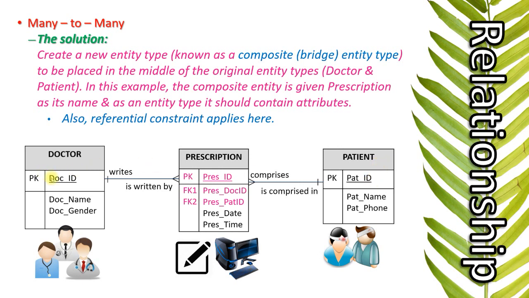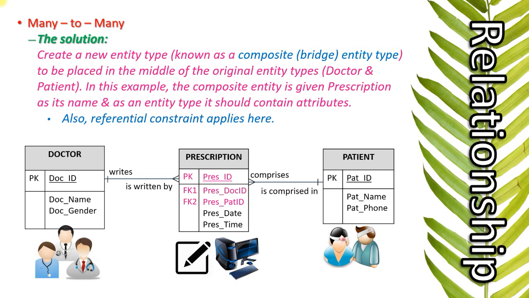These two primary key attributes of the doctor entity type and patient entity type will have to be assigned as the foreign key attributes here. So we have the first one, FK1, is doctor ID, and FK2 is patient ID.